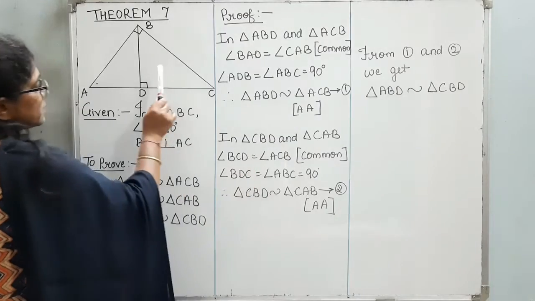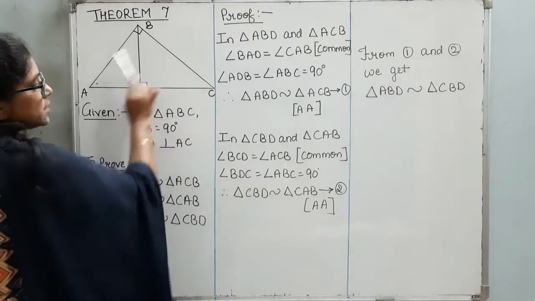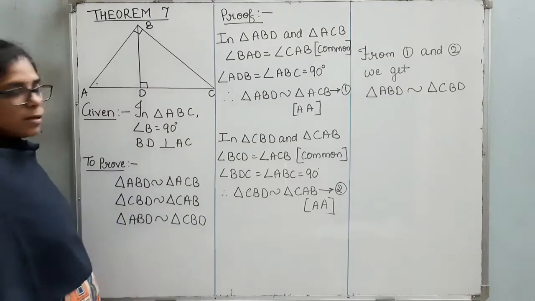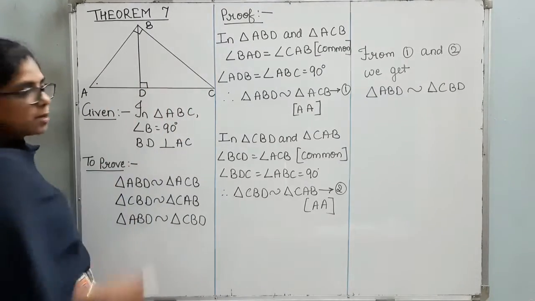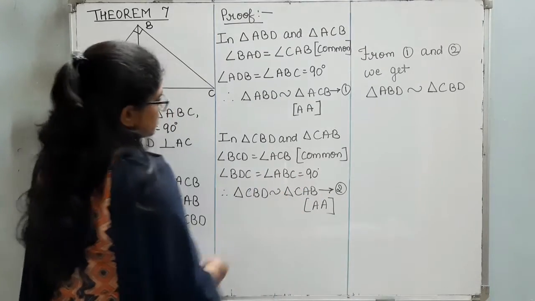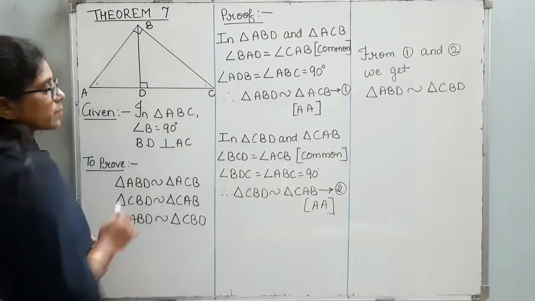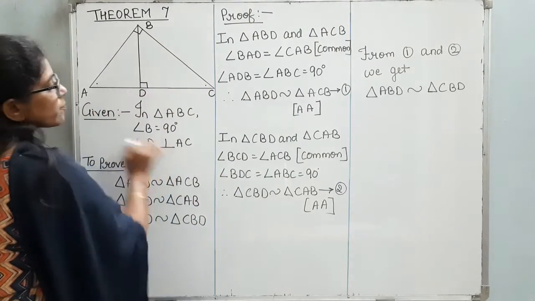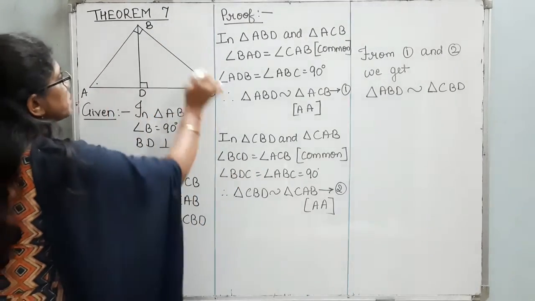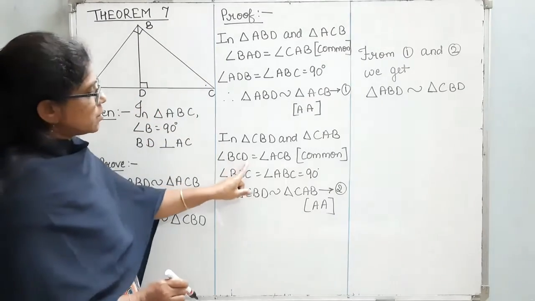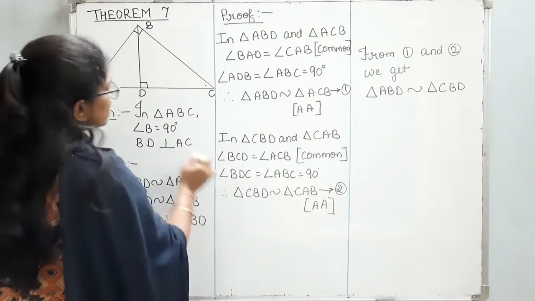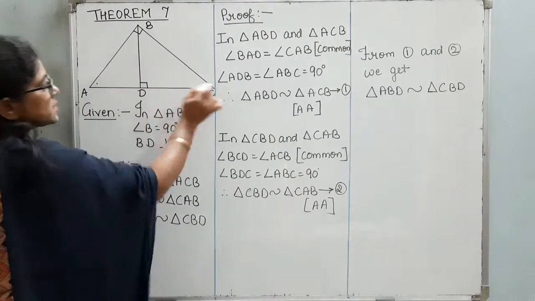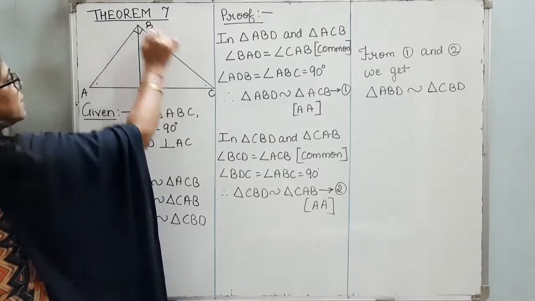In triangle CBD and triangle CAB, this triangle and our bigger triangle, in these two triangles, angle C is common. Angle BCD is equal to angle ACB. Second thing, angle BDC is equal to angle ABC.